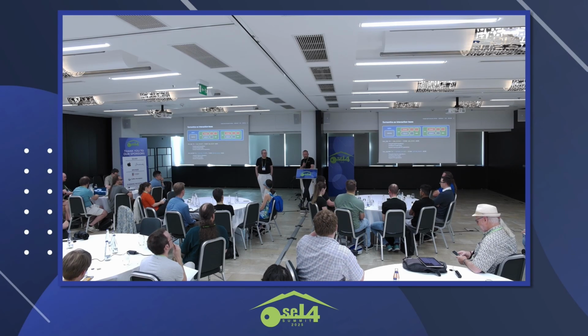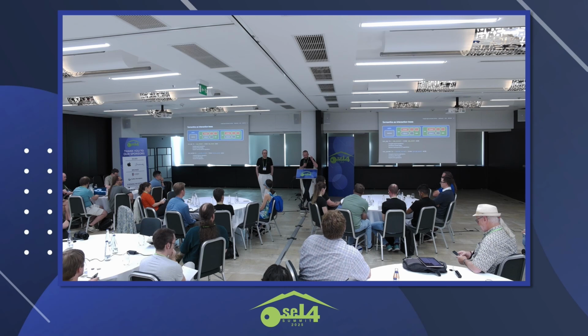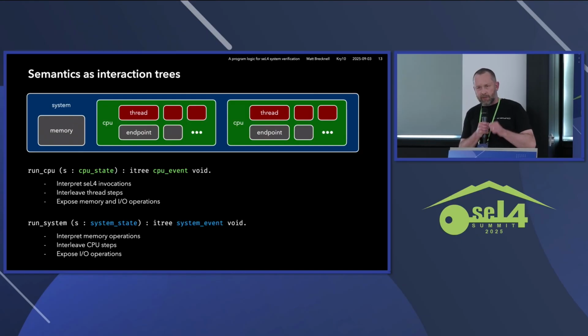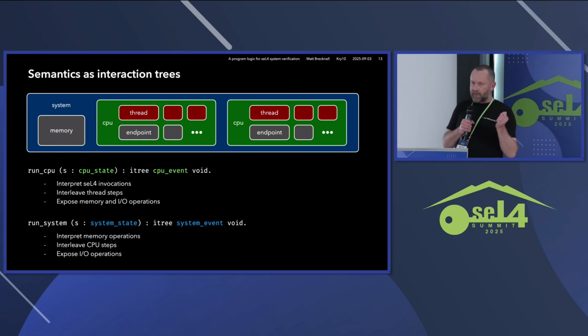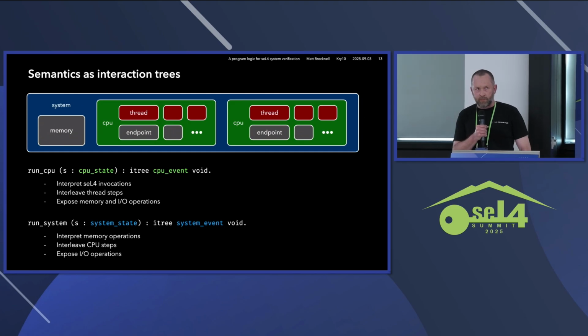So, like I said just now, in principle we should be able to plug different memory models into the run system semantics, because that's where memory models matter, because that's interpreting the memory events that happen across cores. Currently, we're not really considering weak memory.